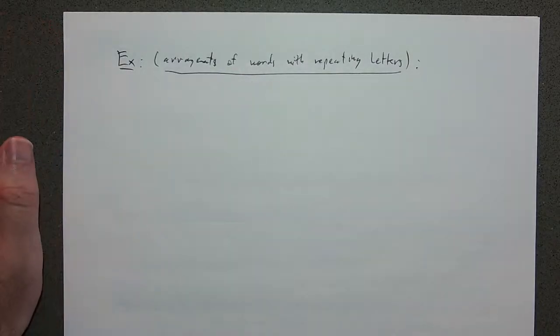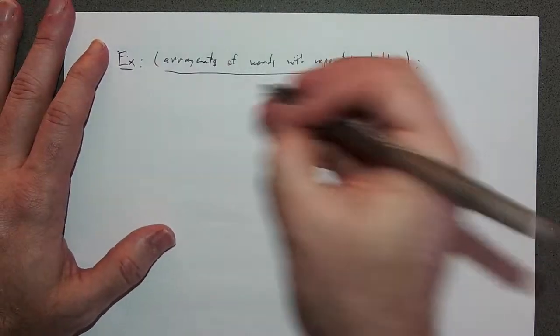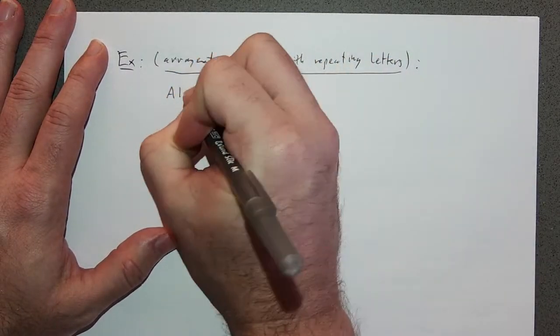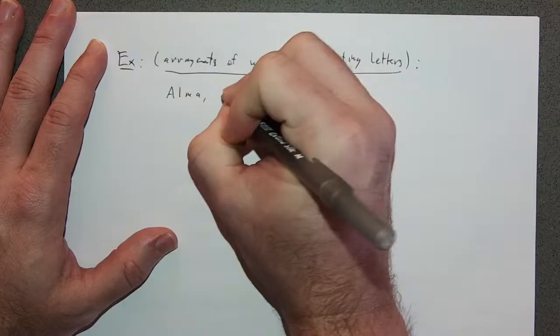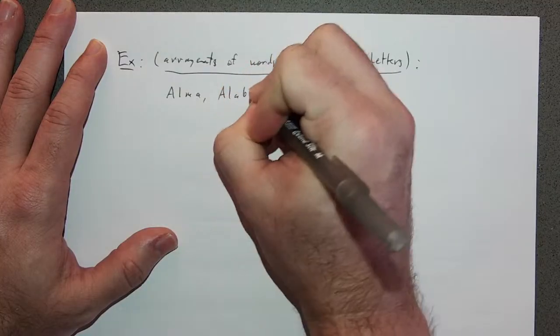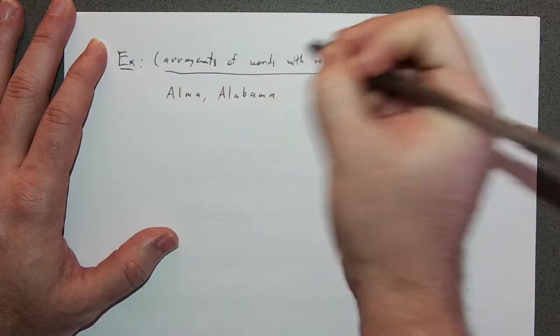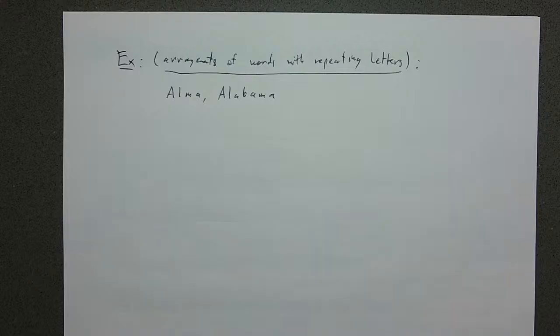Let's say we consider the town of Alma, Alabama, and we want to know how many ways we can rearrange the letters of this town and state, ignoring differences in case.